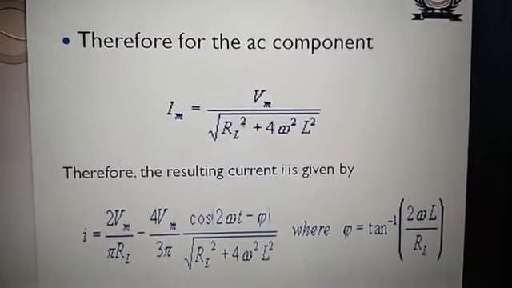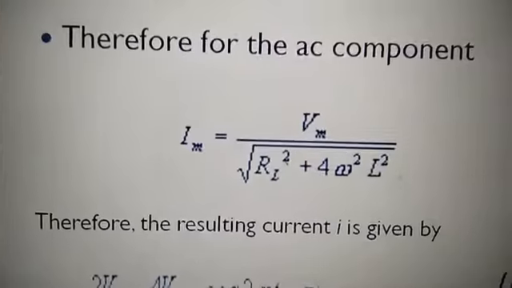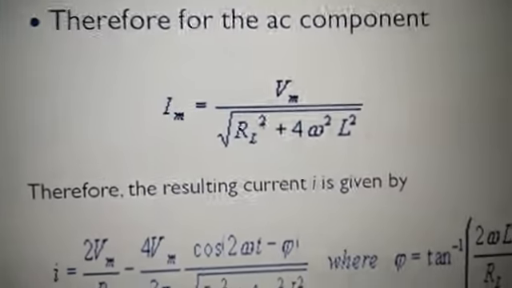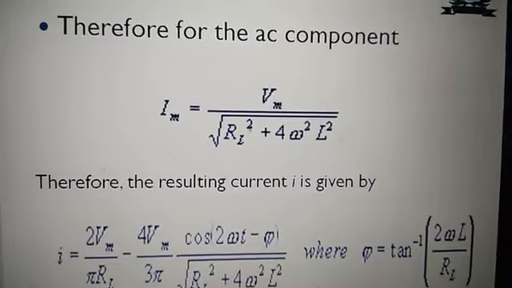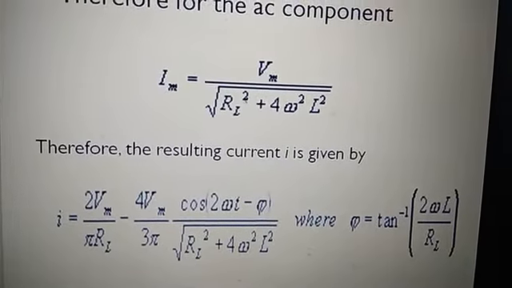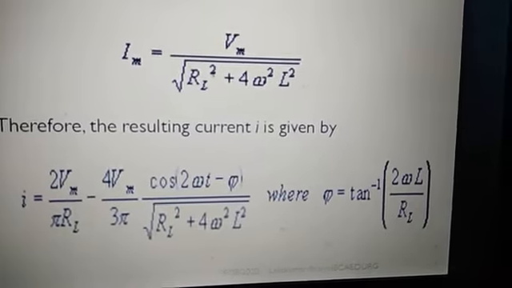Therefore, for the AC component, the value of Im is given by Vm upon square root of RL square plus 4 omega square L square, and the resulting current is given by this equation, I with phase phi.